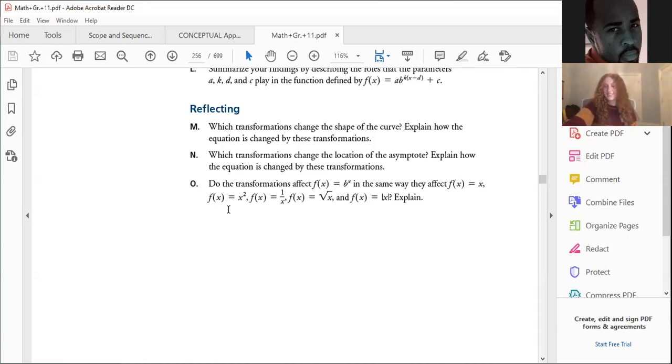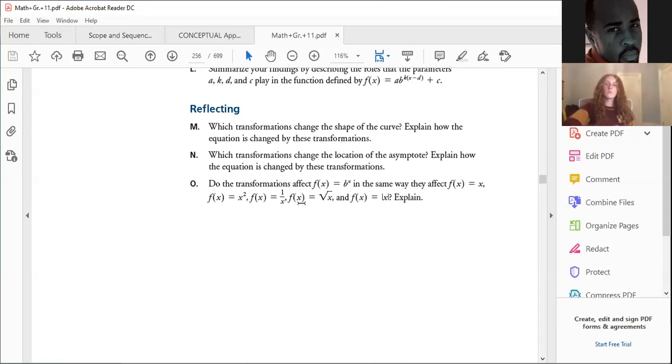Sophie, f of x equal x squared. Transforming the shape of the curve. Well, the curves' shapes are different to begin with. These are all curves, right? Yes. The asymptotic function 1 over x, well, it's not a line, so it's a curve. It's just not a smooth curve.